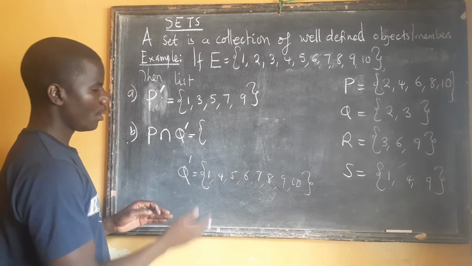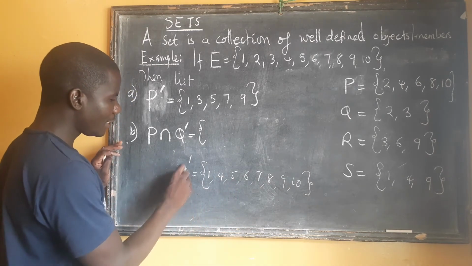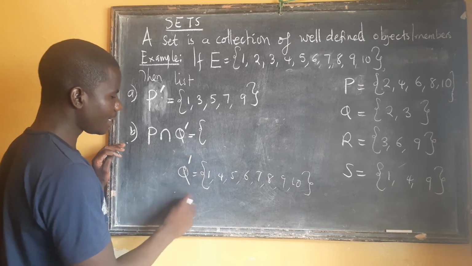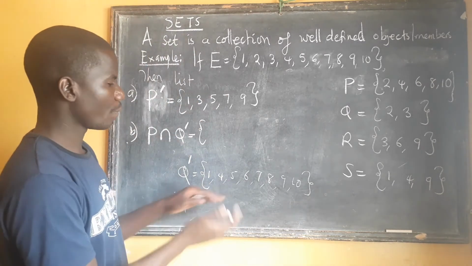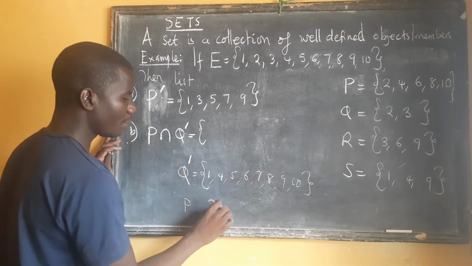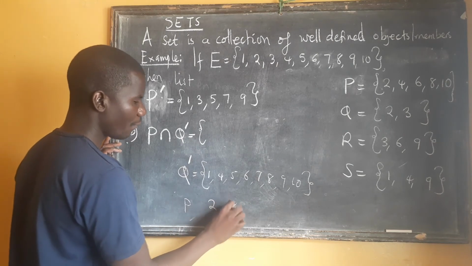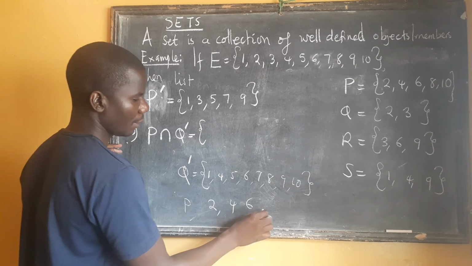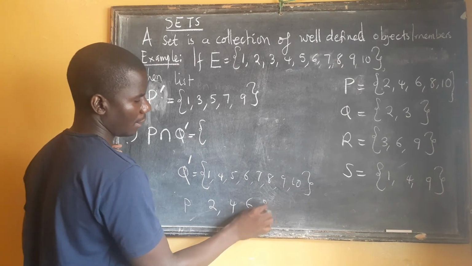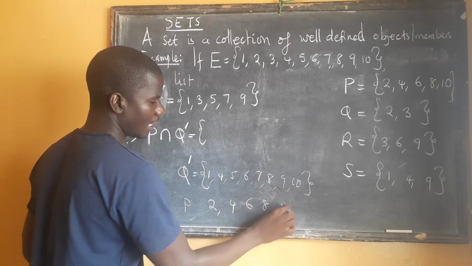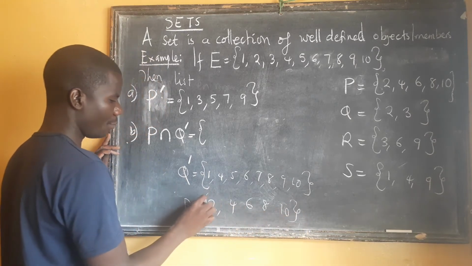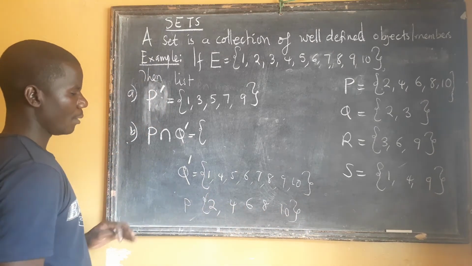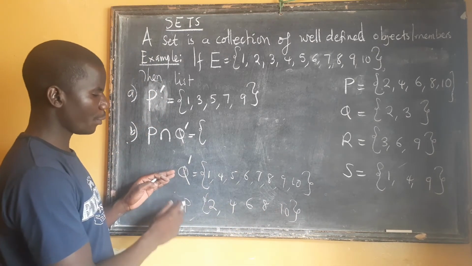Now, we want what is common in this Q complement and P. This side we have got 2, 4, 6, 8, and 10. This is our P. So now we have these two sets, and we want what is common.